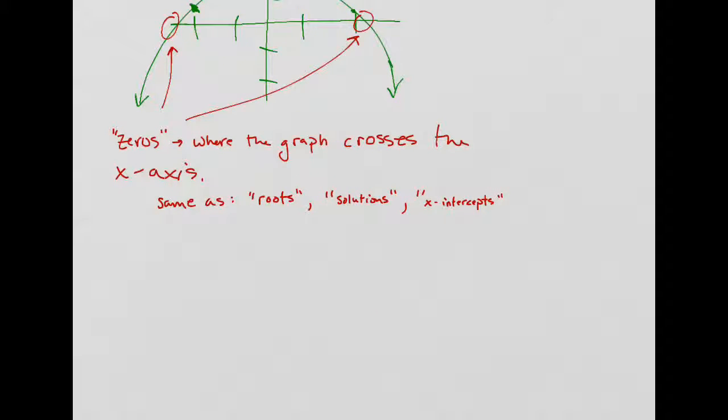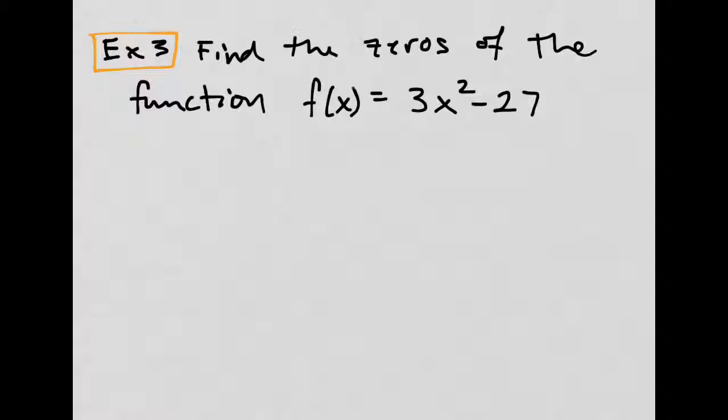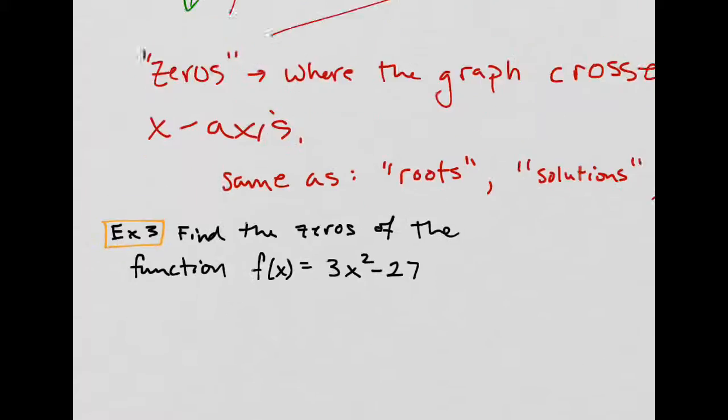Let's do an algebraic example, how to find the zeros. So, find the zeros of the function. Here's the thing. It's nice that they call them zeros because watch this.